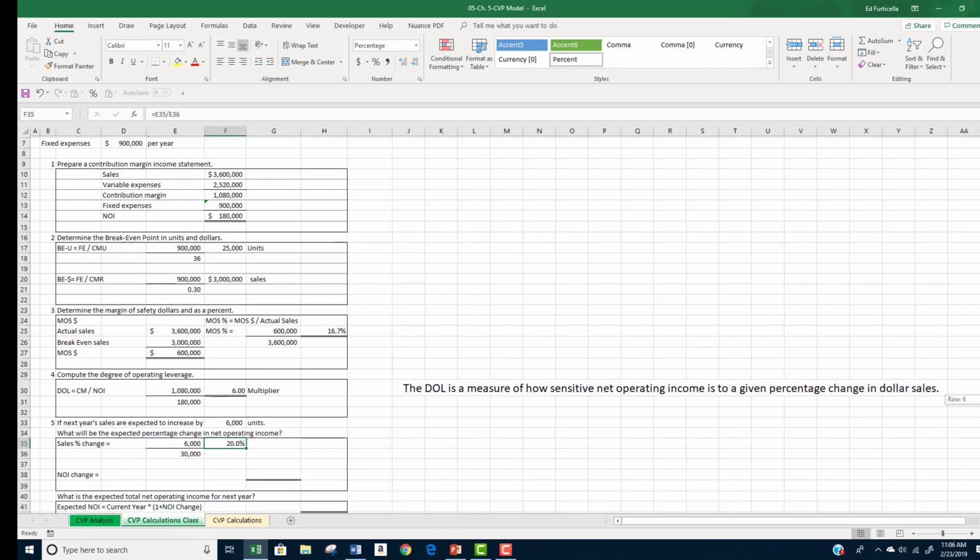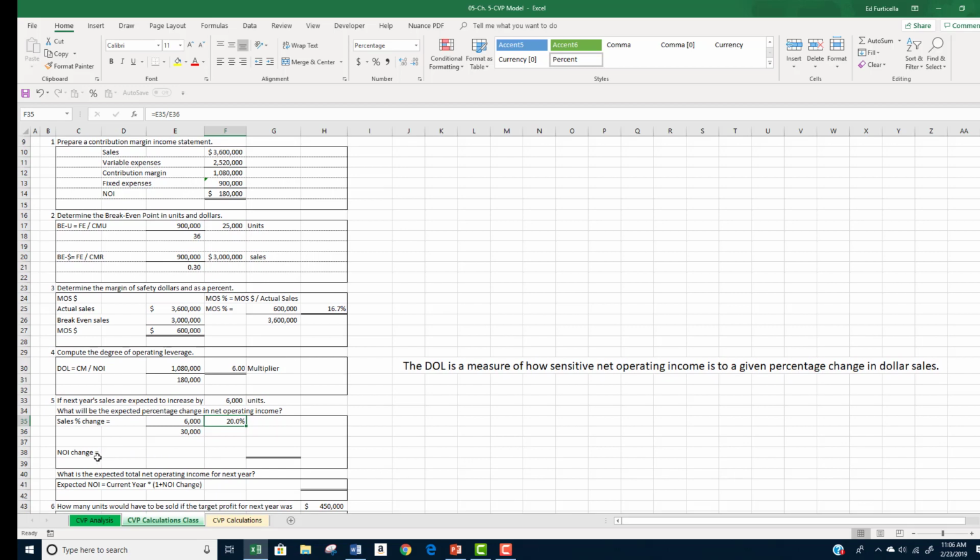Now, how do we use that number? To get the net operating income change, we take the 20% and multiply it by our degree of operating leverage of 6. And we're going to say if that takes place, our net operating income is going to increase by 120%.